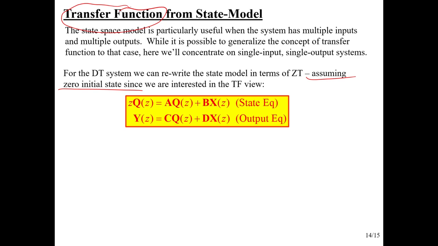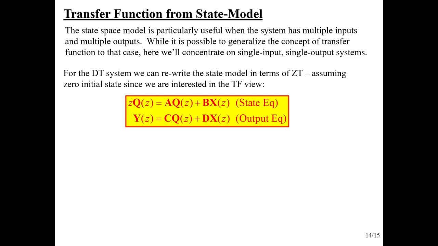So if you take the Z transform of the given discrete time state model under this assumption, you'll get just that there. Without that assumption, you'll get some additional terms that have the initial conditions involved, but we don't want those because we're trying to find the transfer function.